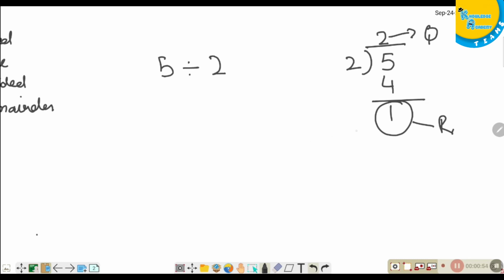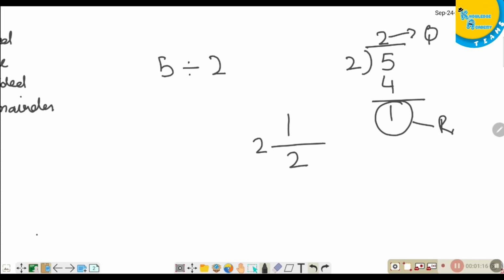And we are going to write this in fractional form. How are we going to write this in fractional form? The divisor will come in the denominator, the quotient will come as a whole number, and the remainder will come up in the numerator. So this is how we're going to do it.